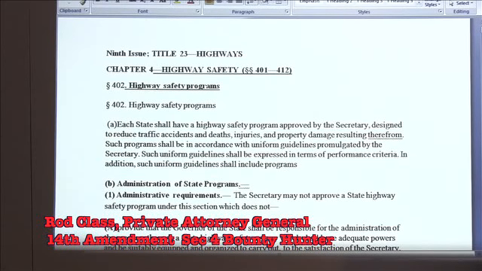Such uniform guidelines shall be expressed in terms of performance criteria, and additionally, such uniform guidelines shall include the programs: administration of state program, administrative requirements.